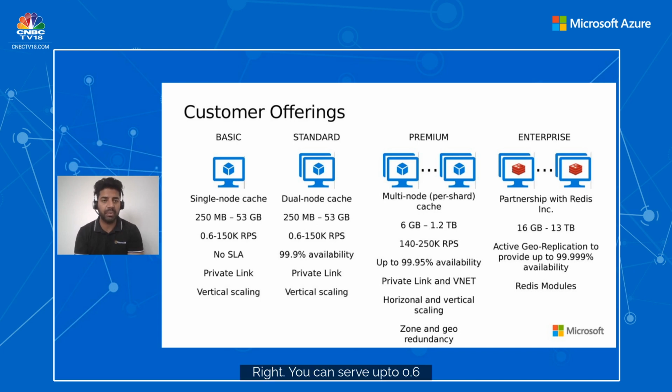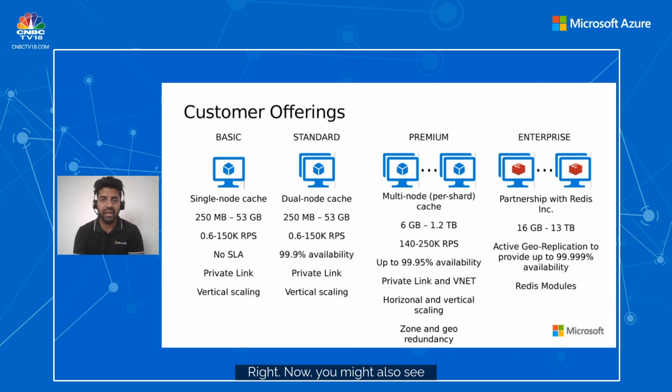You can serve from 0.6K up to 150K requests per second. Since it is for testing and a basic flavor of the service, there is no SLA guaranteed with this SKU. It supports communication through private link, that is, your communication can go through a private Microsoft hosted backbone, and it supports scaling as well, right?